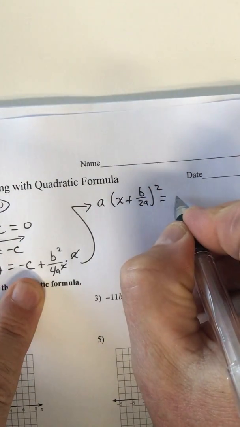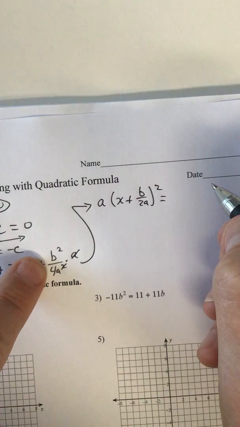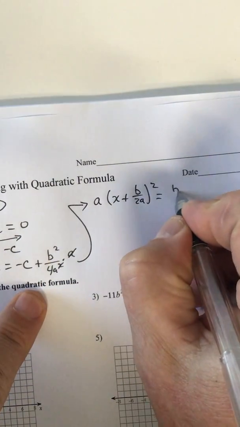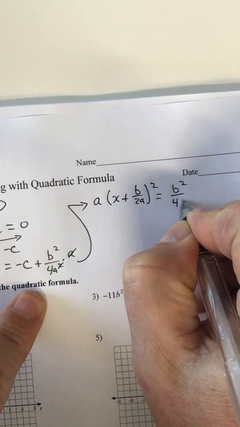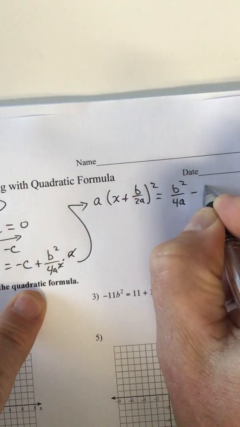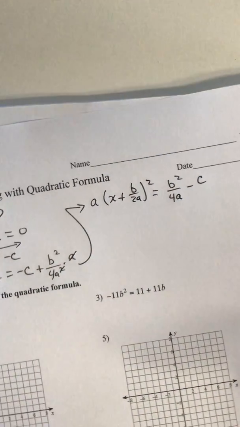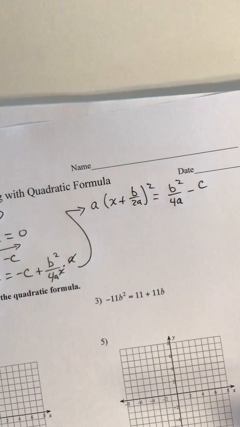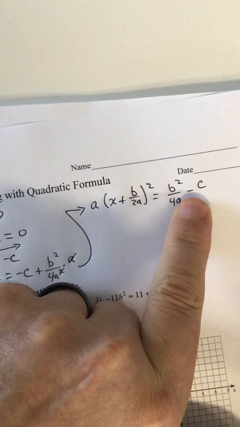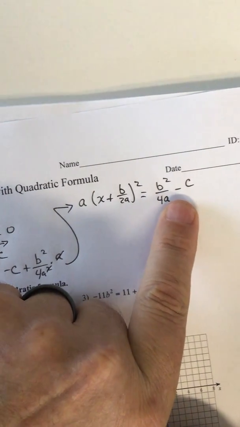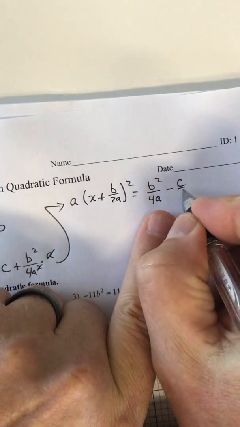So it equals, I'm going to turn it around. I'm going to put the positive piece first. So it equals B squared over 4A minus C. Now, it would actually be nice if this could multiply together. And so if I just got a common denominator, that would be C over 1.